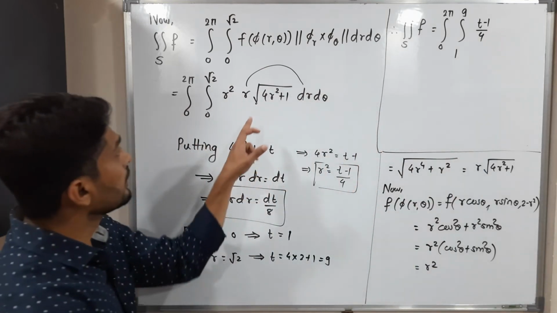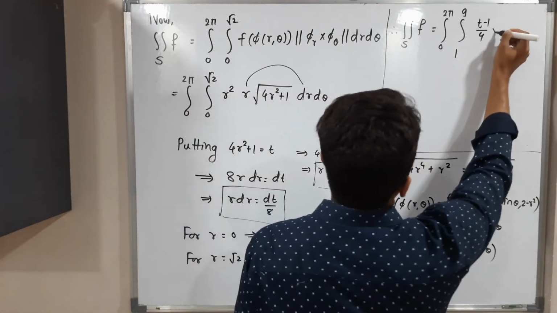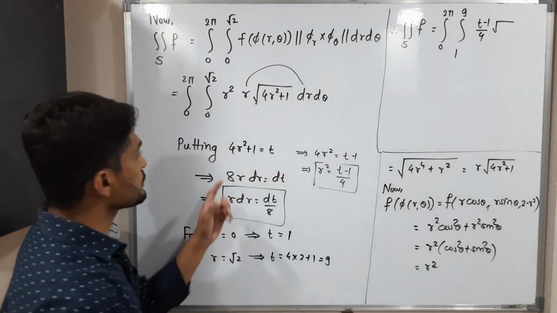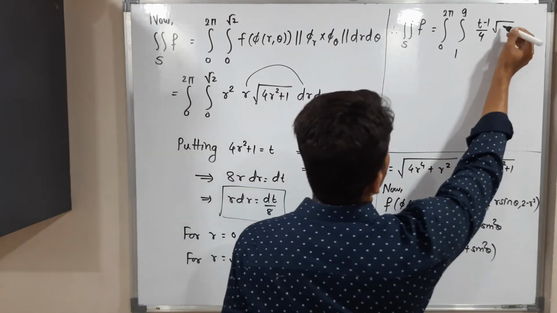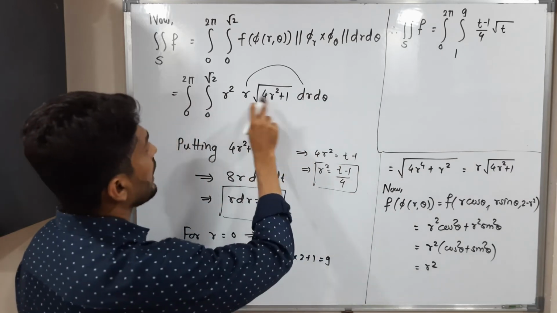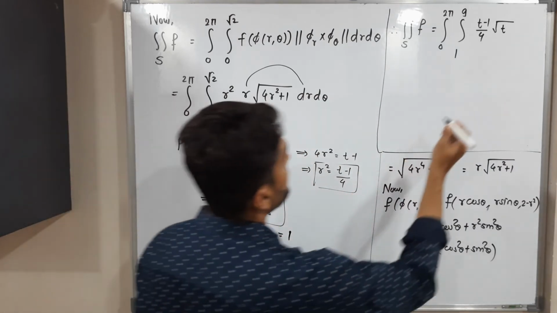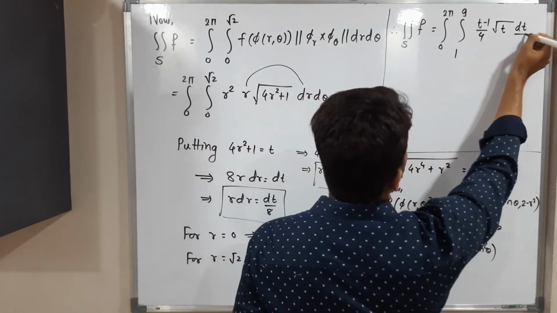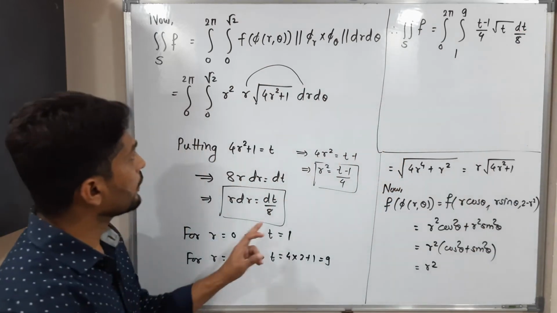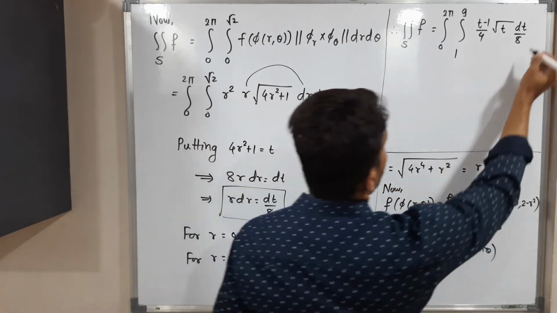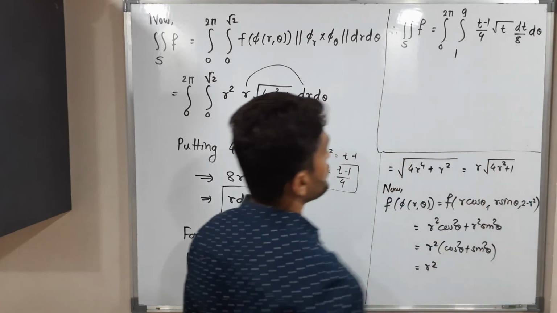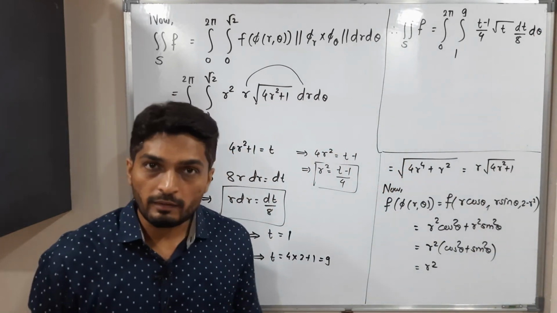Okay. We have a root here. Root of 4r square plus 1, that means root t. And r dr, we can easily replace by dt by 8. dt by 8, agree? And d theta is still there. So first, whatever constants we have, I will take them outside.